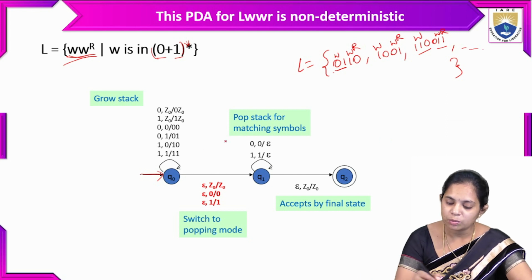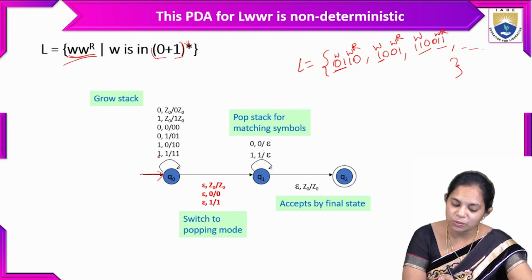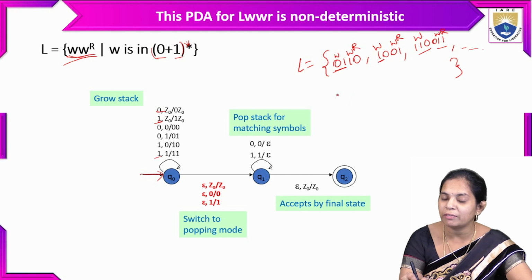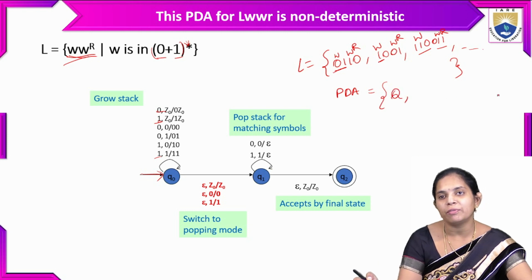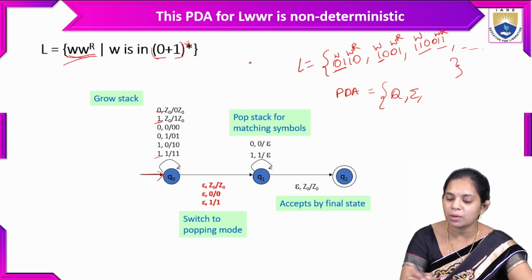If you observe W and W reverse, the string starts with either 0 or 1. Initially the top of the stack symbol is Z0. We already know the definition of pushdown automata: Q is the finite set of states, and next the input symbols sigma, which contains 0, 1.